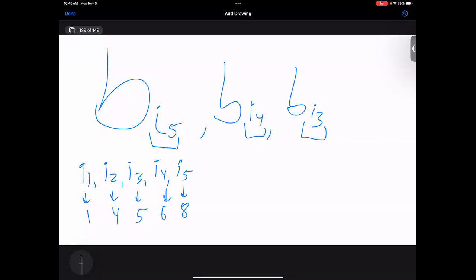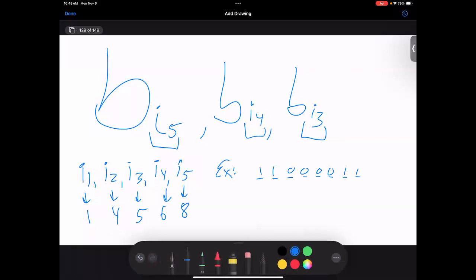But if I give you a different number that has exactly 5 summands, let's say I gave you 1, 1, 0, 0, 0, 0, 1... oh, that's too many zeros. Let's say I gave you this. Now for this one, this would be 2 to the 8 plus 2 to the 7, 2 to the 5th, 2 to the 1st, 2 to the 0.